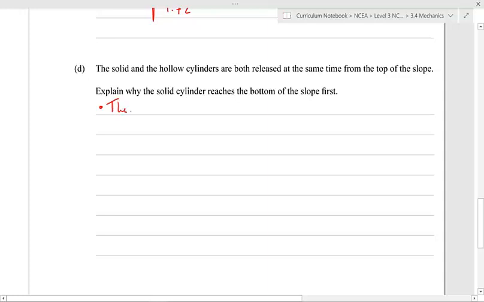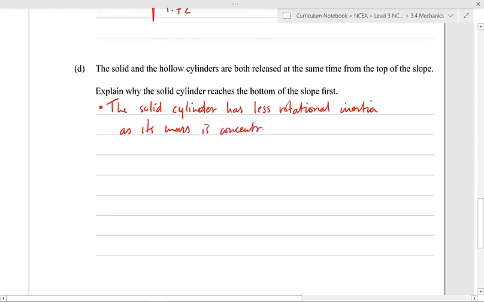The solid cylinder has less rotational inertia, as its mass is concentrated closer to the middle, closer to its axis.